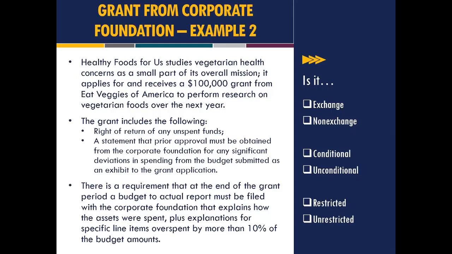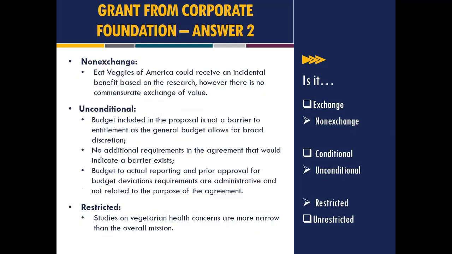So same thing here. Are we looking at exchange versus non-exchange, conditional versus unconditional, and is it restricted versus unrestricted? In this particular example, it is considered a non-exchange. Eat Veggies of America could receive an incidental benefit based on the research, but again, it's the general public that's receiving that benefit.